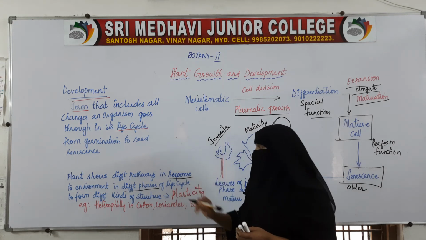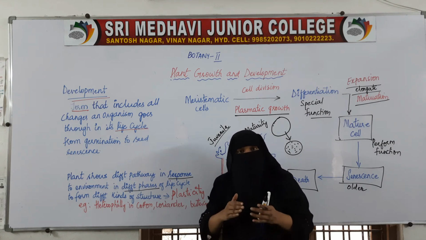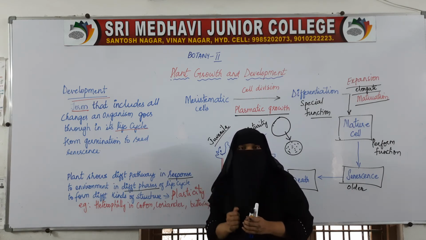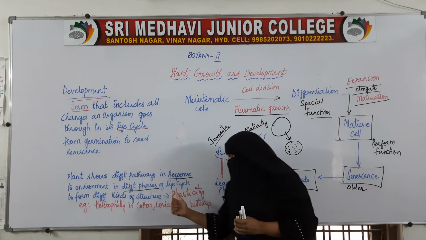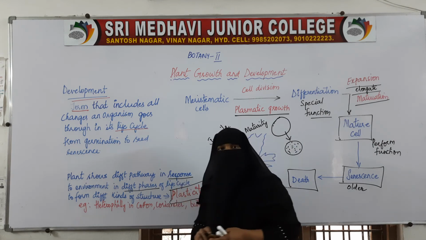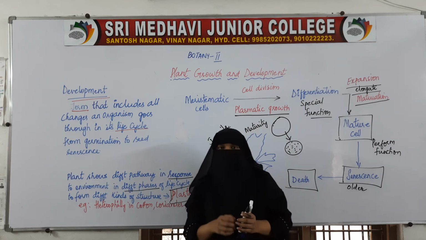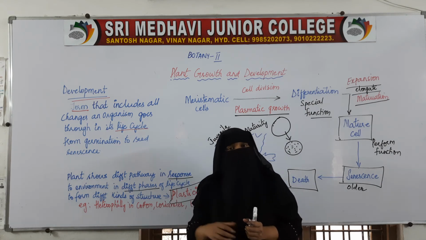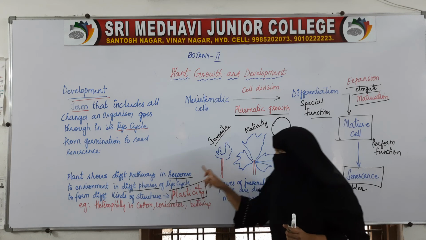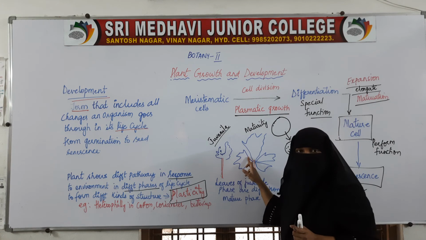That ability of a plant to have different structures in different phases of life, depending on the environmental conditions, is called plasticity. In the juvenile phase the structure will be different, and in the mature phase the structure will be different.